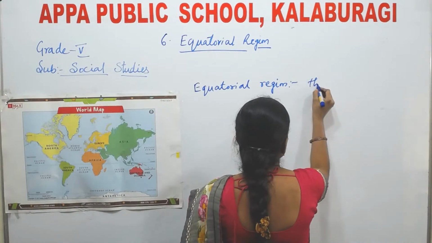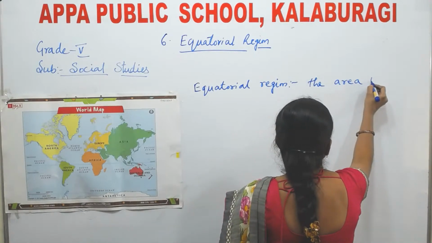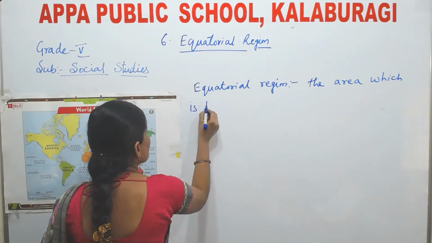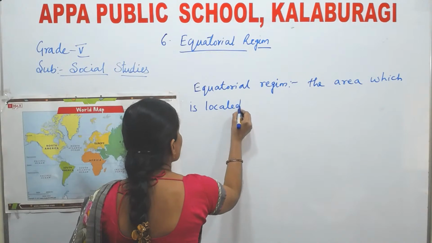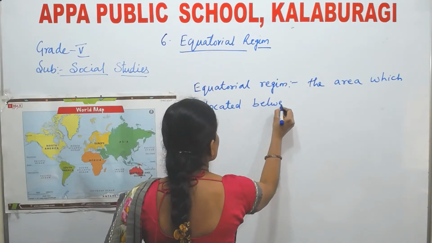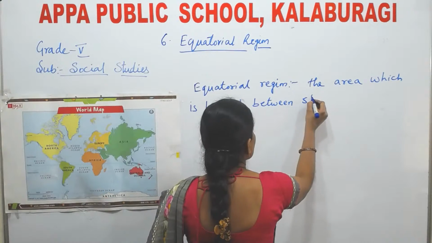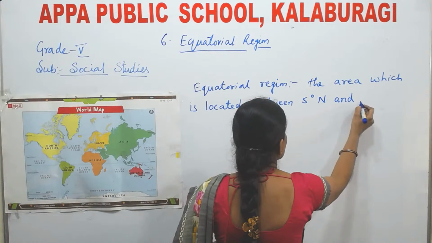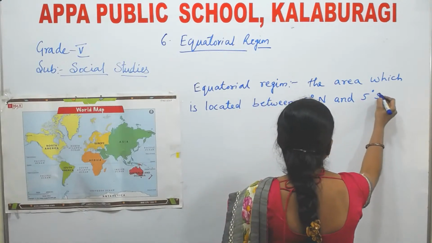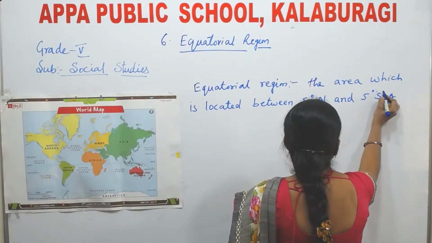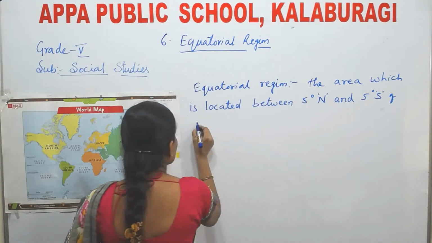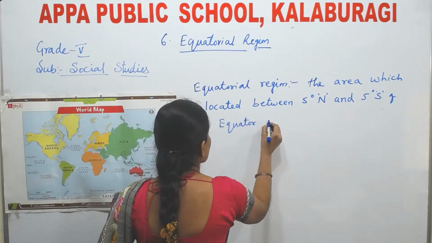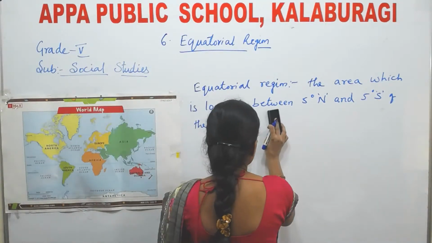The area which is located between 5° north and 5° south of the equator is called the equatorial region.